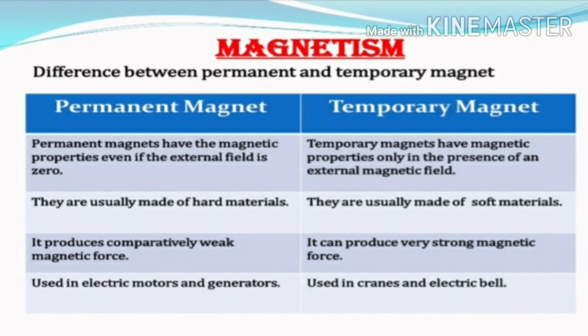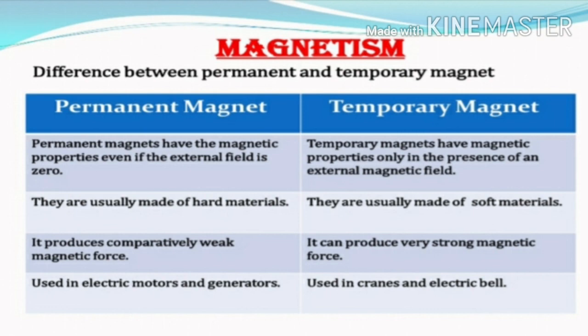Difference between permanent and temporary magnet. Permanent magnets have magnetic properties even if the external field is zero. Temporary magnets have magnetic properties only in the presence of an external magnetic field.